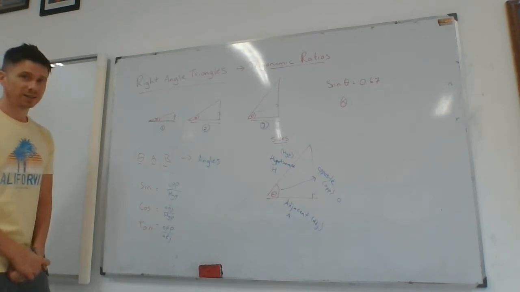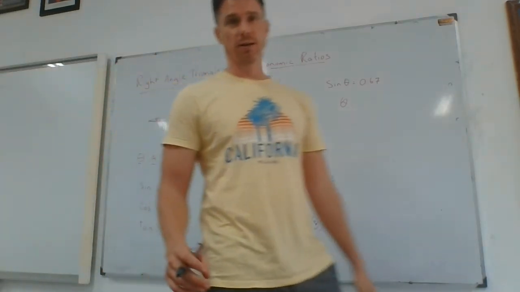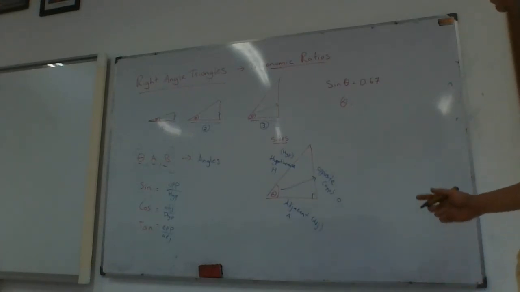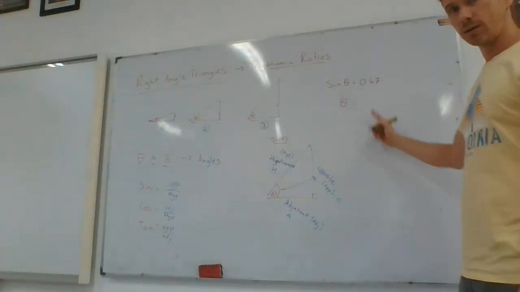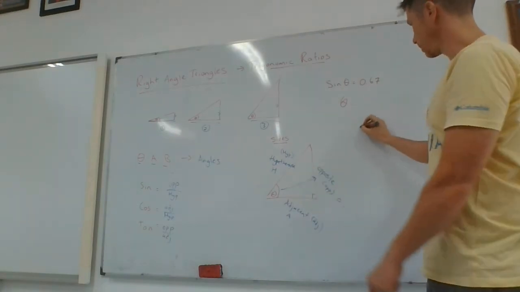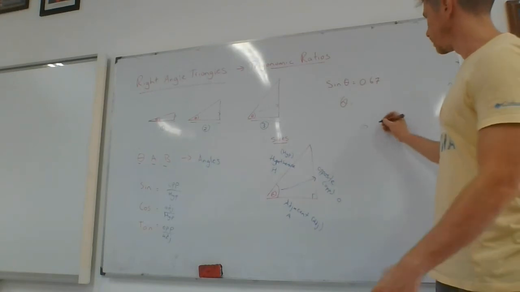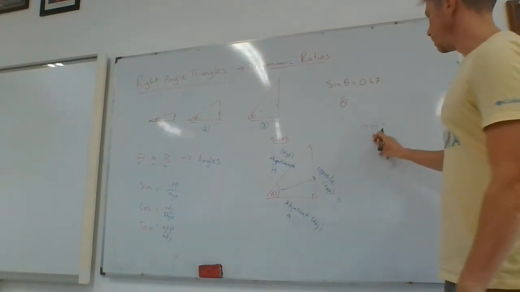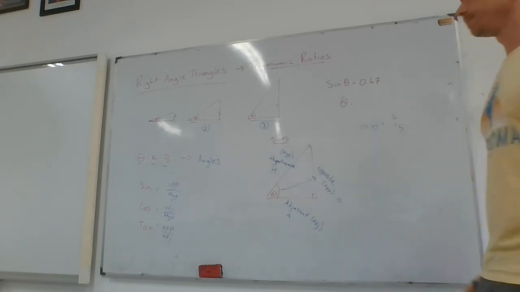Okay, so the final thing today is getting that angle when you're given a ratio. Now, the ratio can be given as a decimal like this, or it can be given as a fraction like that, because we know that fractions and decimals can be interchangeable. So for instance, let's do cos of an unknown angle is, let's say, 4/5.